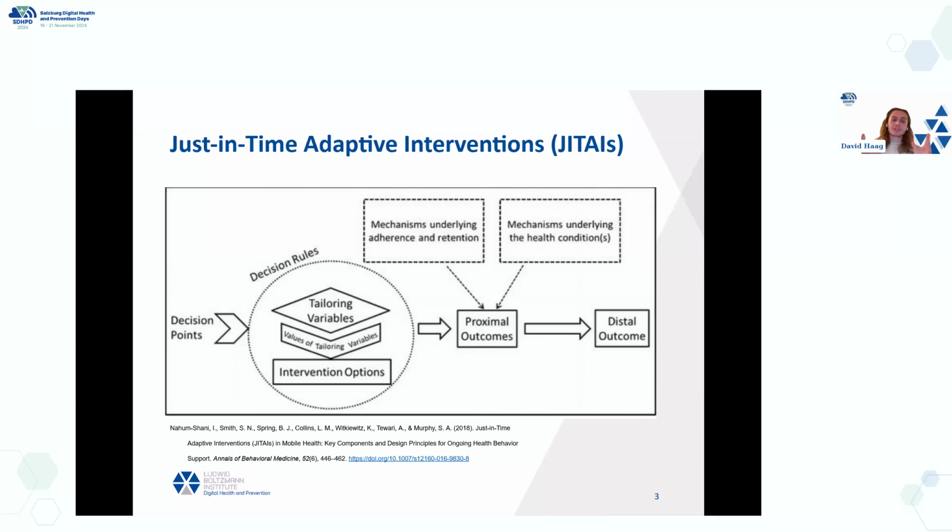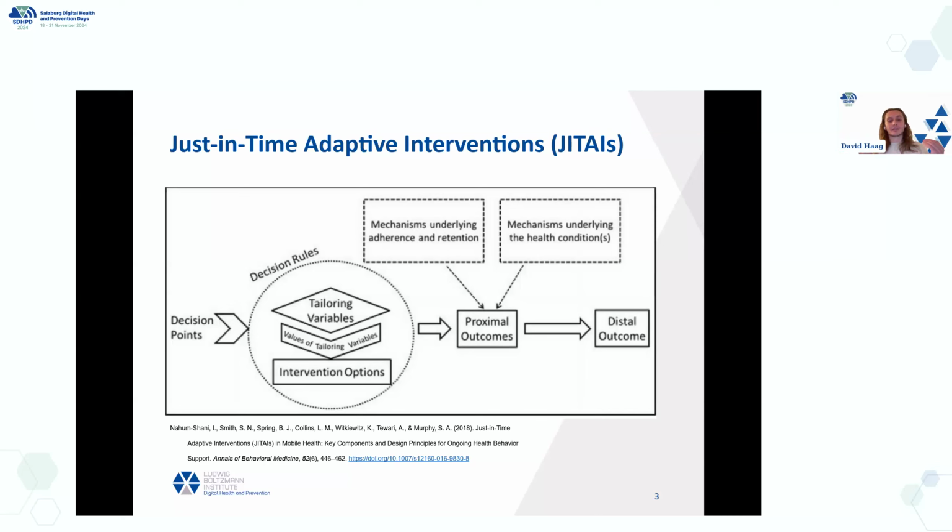And how this is conceptually supposed to work is that you have multiple decision points that are distributed over a day, and at each of those decision points, you would evaluate a decision rule, where you have some tailoring variables going into that decision rule, for example, how stressed someone feels at that very moment, or the geolocation of a person, or how active someone has been in the last couple of minutes.